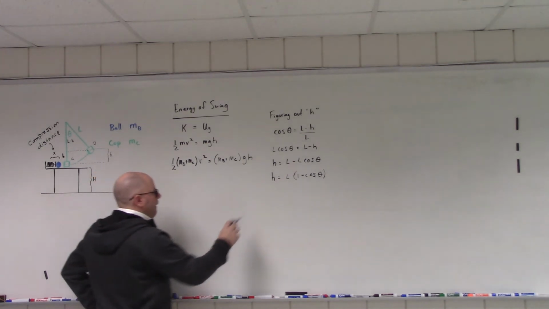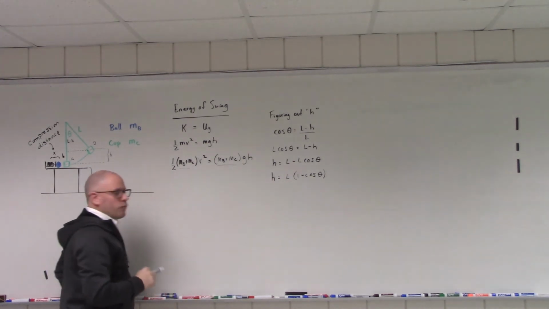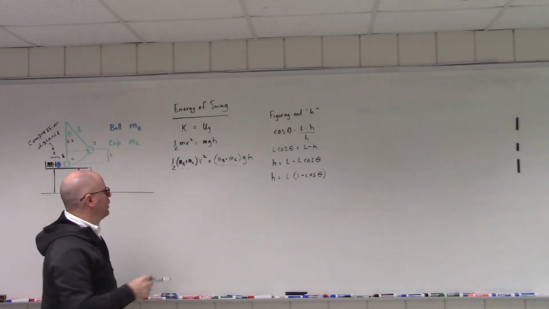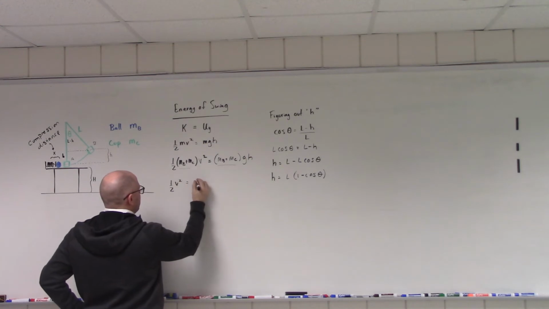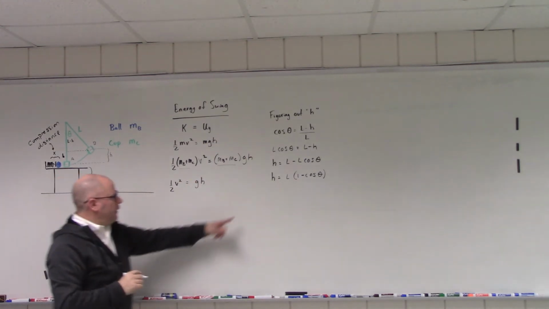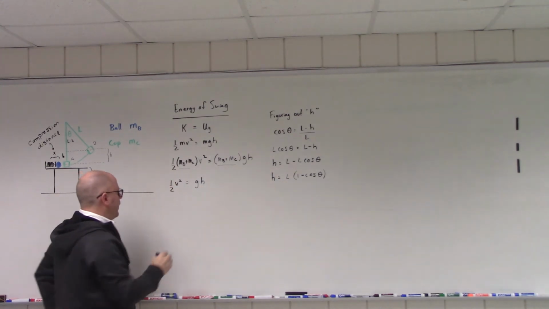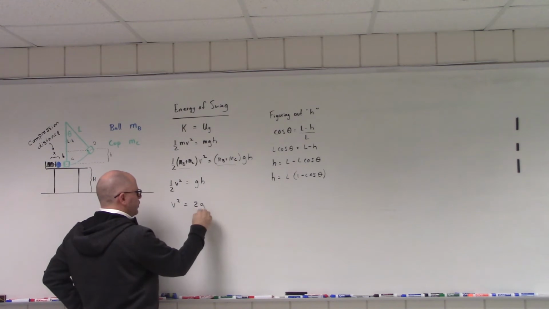So now, if I come over here, I see this and this match, so I divide both sides by that term, and I'm left with, if I substitute my h in here and simplify, I end up with v squared is equal to 2g times L times one minus cosine theta.